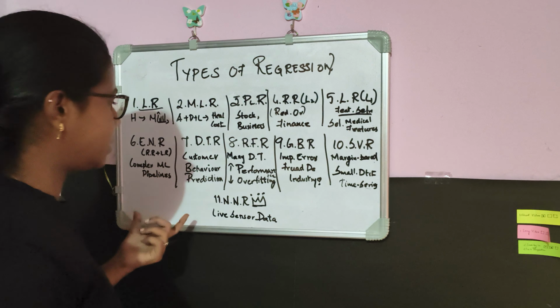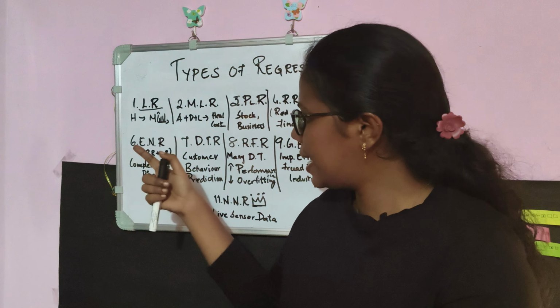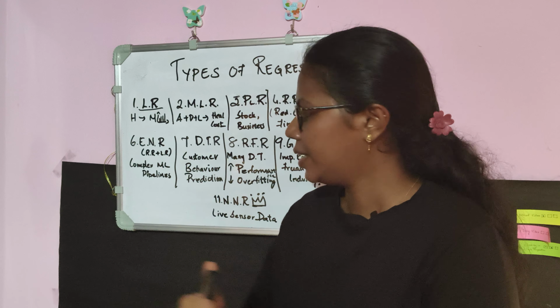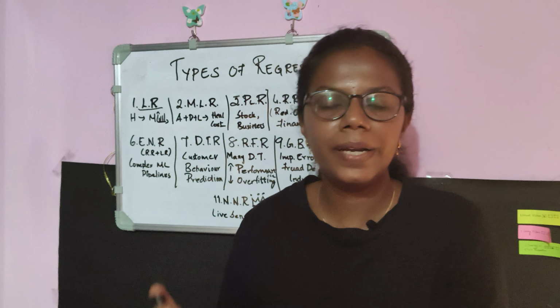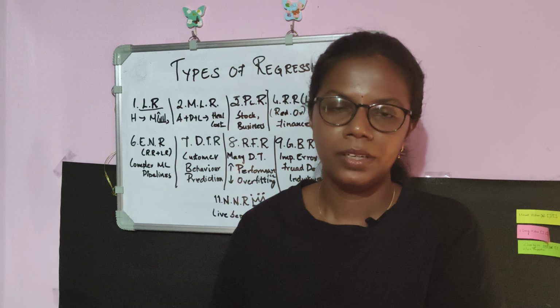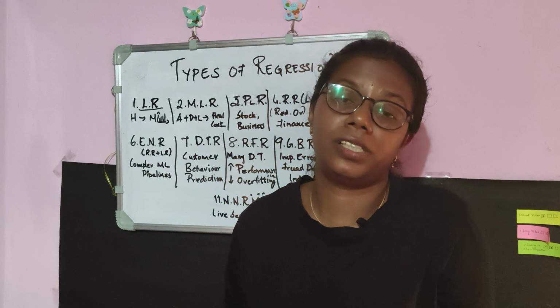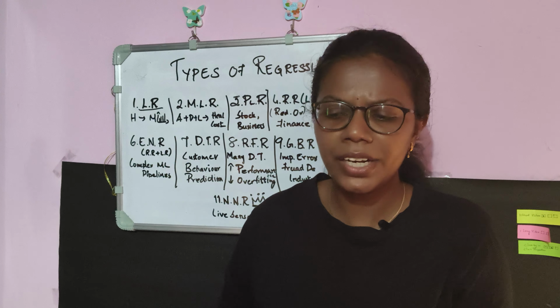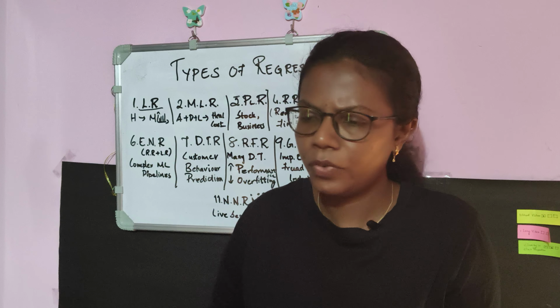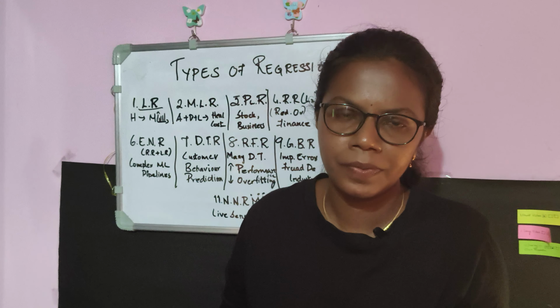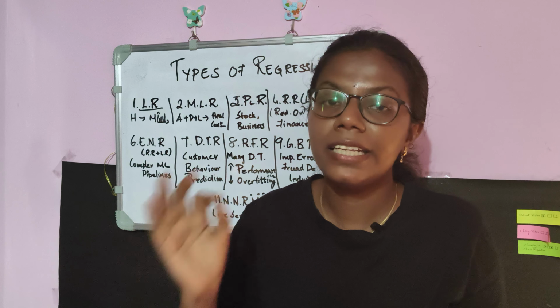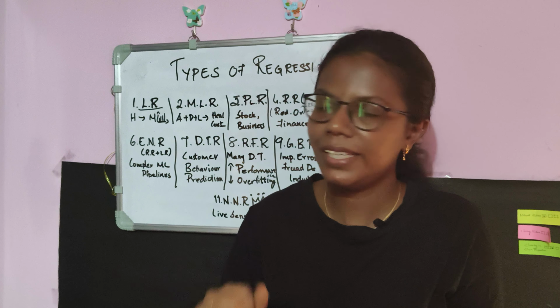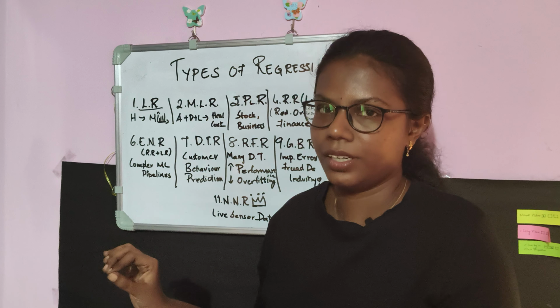And the sixth regression algorithm that we are going to see is elastic net regression. In case I am having complicated machine learning pipelines, which are quite hard to understand, if I see the data, I can't understand anything. If I plot a graph, I can't understand anything. It is so messy. In that scenario, my go-to algorithm is elastic net regression.